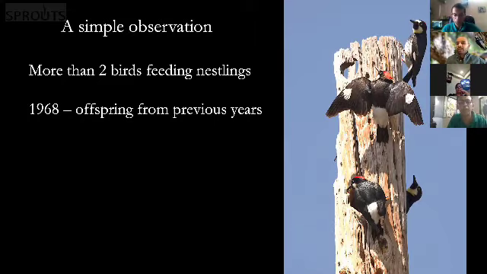So these birds are what we call helpers. These older siblings are what we call helpers. And these helpers are sexually mature adult birds. And they are foregoing breeding on their own to take care of their siblings.